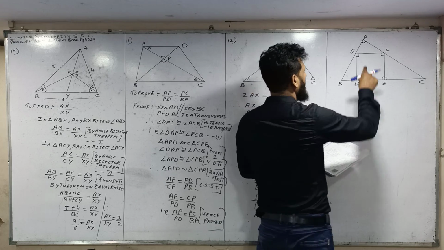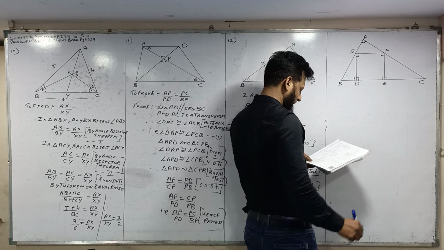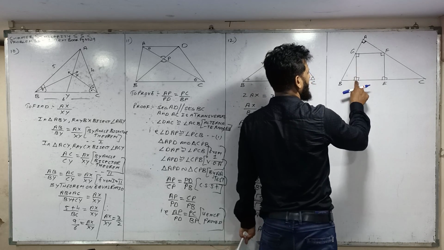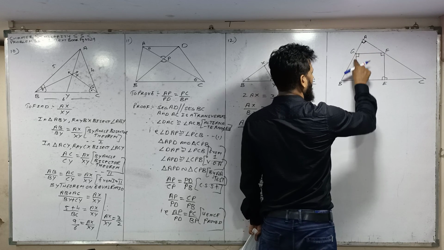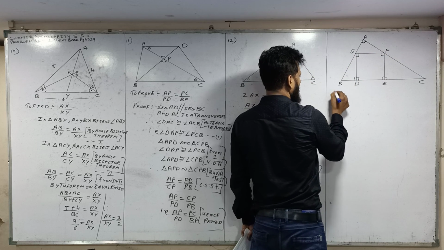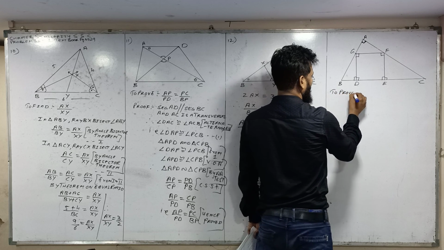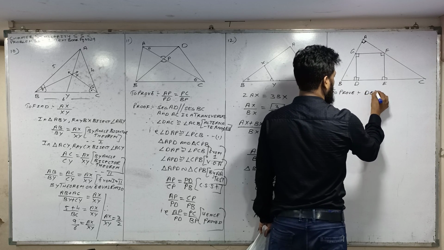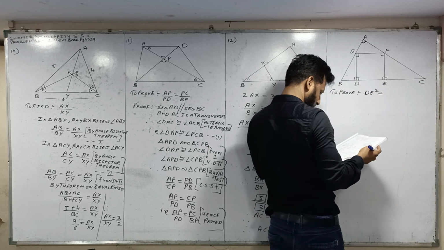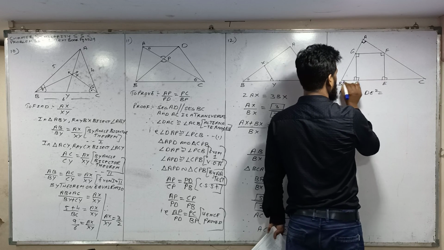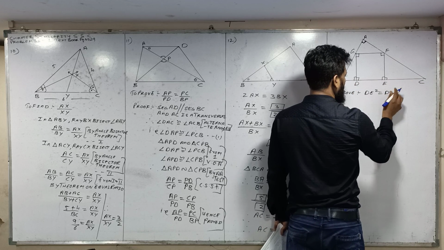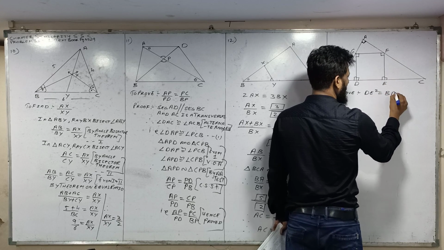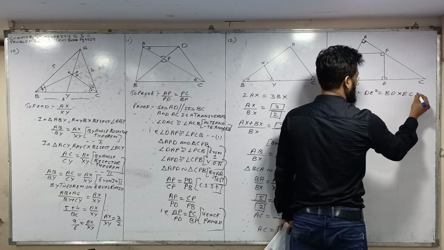Angle A is 90 degrees, and DEFG is a square. You have to prove DE square is equal to BD into EC. DE square is equal to BD into EC. You have to prove this, BD multiplied by EC.